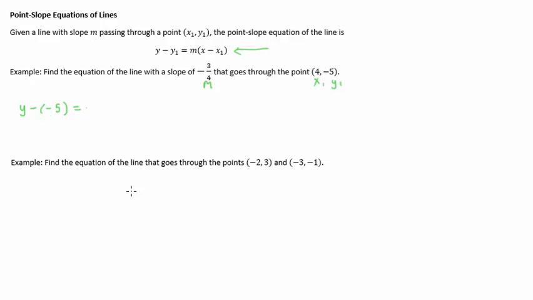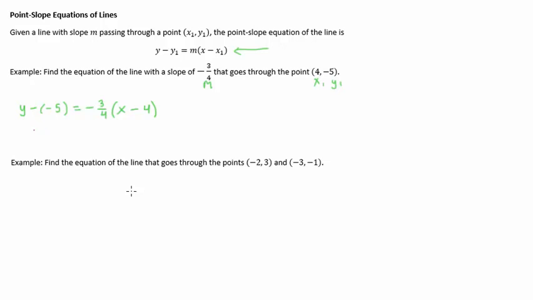M is -3/4. And then in parentheses, x minus x1 gives us x minus 4. Now, if all they want is point-slope, then we really would just need to clean this part up and make it y plus 5, and then we would be done.